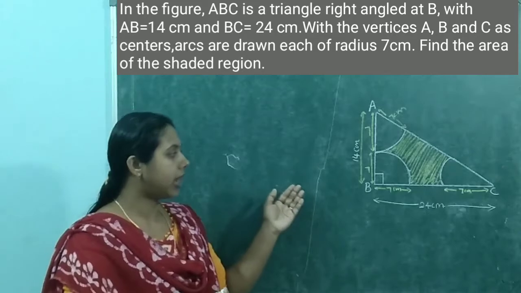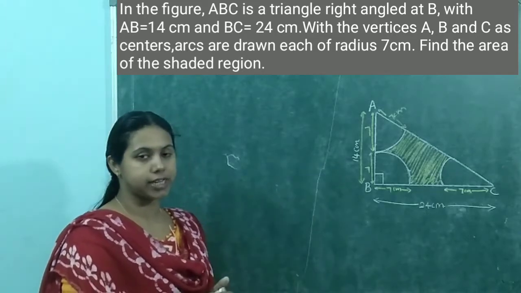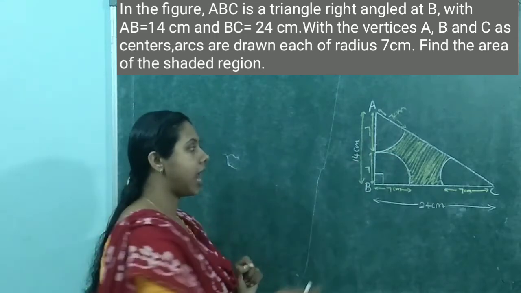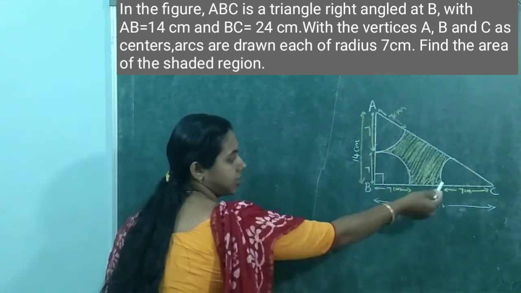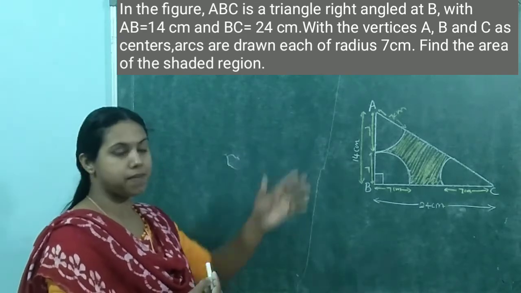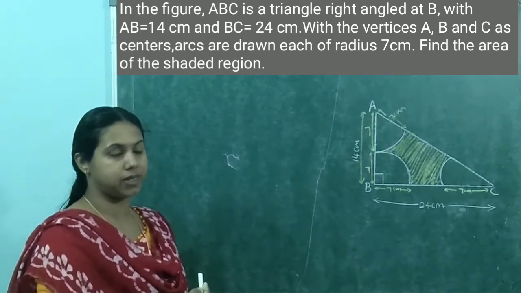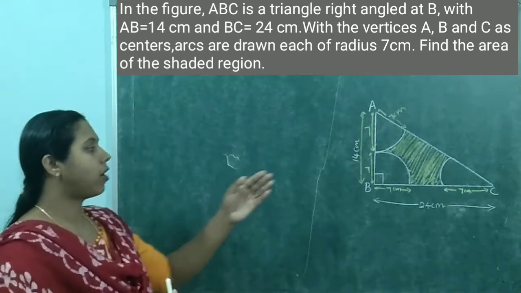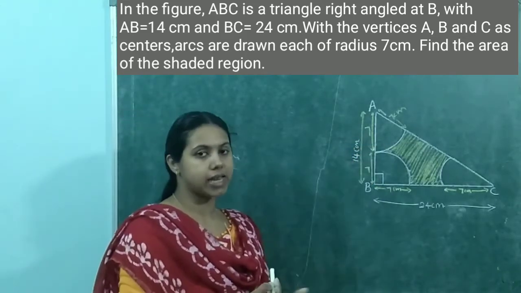So we know that the area of the shaded region is equal to the area of this triangle minus the area of these three sectors. These three sectors have the same radius, 7 centimeter. And we don't know the center angle of each sector, but the radii are the same.